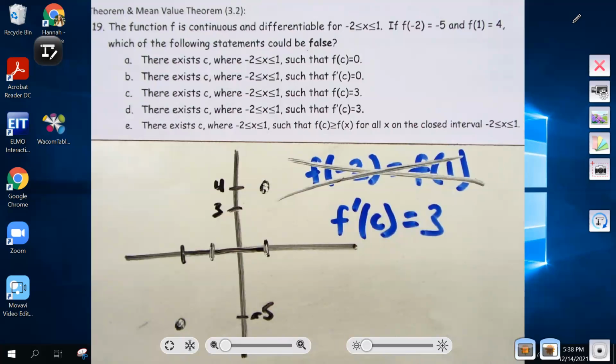I'm not quite sure exactly what that's trying to say, but I think I've already done better than I even really thought I would. You have your answer. Part D could be false.